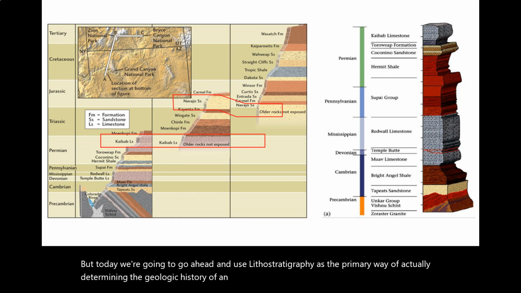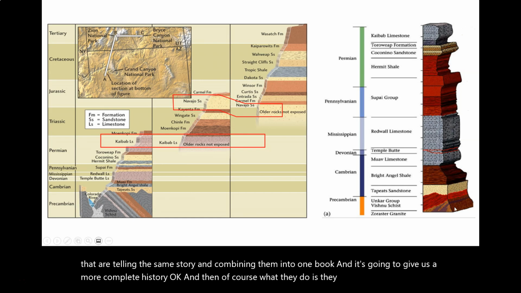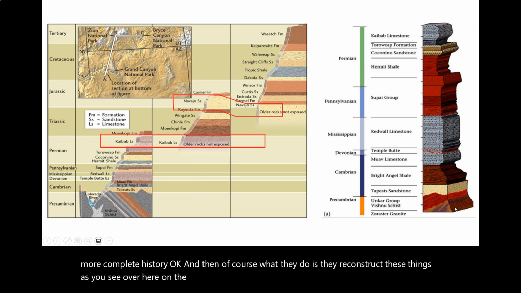So again, it's really just like taking 3 books that are telling the same story and combining them into one book, and it's going to give us a more complete history. Okay, and then of course what they do is they reconstruct these things, as you see over here on the right, called a stratigraphic or strat column.